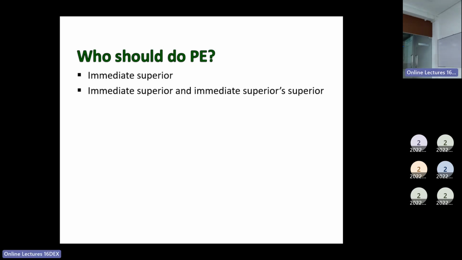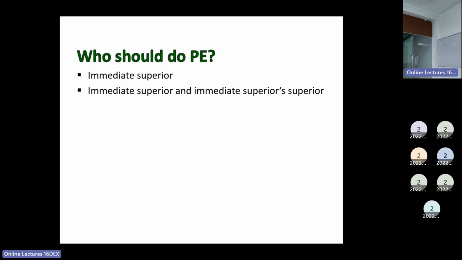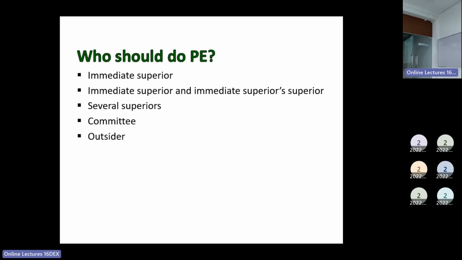Immediate superior plus immediate superior. So the evaluation of immediate boss is subject to the review of his boss. So the immediate boss takes enough care. He may not do any harm. Then you can get several superiors, you can appoint a committee, you can get an outsider.